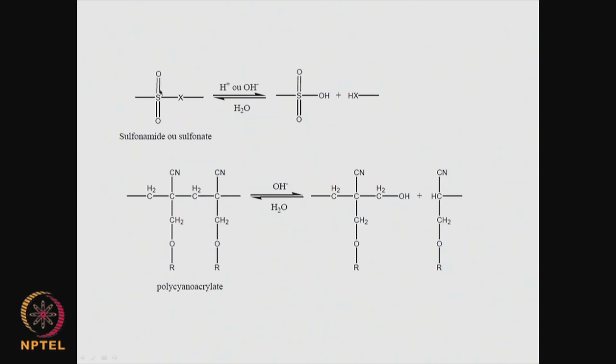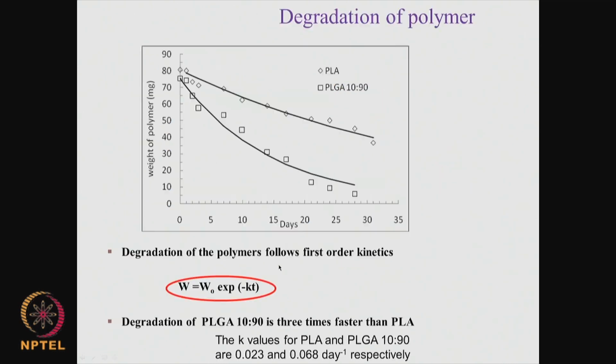Sulfonamides, for example, produce acidic functions. Polycyanoacrylate has the cyano group here, C triple bond N, and it is getting hydrolyzed in the presence of base. Sulfonamides are getting hydrolyzed in the presence of acidic or basic functional groups.